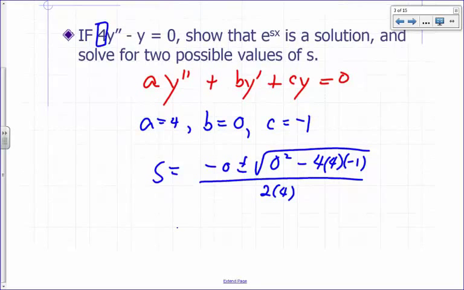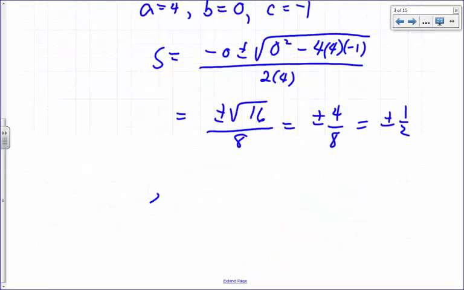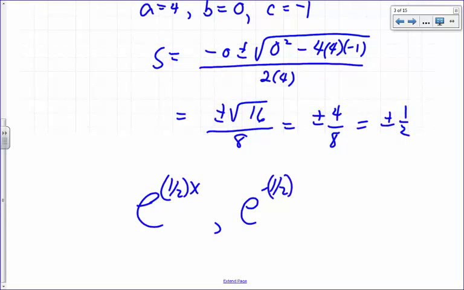So plus or minus the square root of, what is 4 times 4 times -1? Negative 16, so the square root of 16 over 8. So plus or minus 4 over 8, so plus or minus 1/2. So e to the 1/2 x is a solution, and so is e to the -1/2 x.